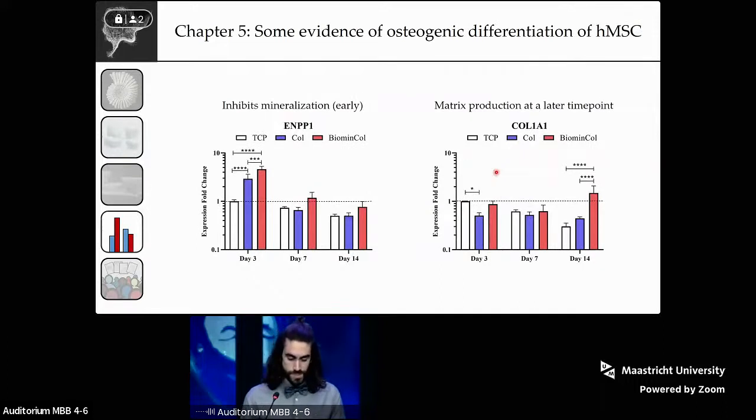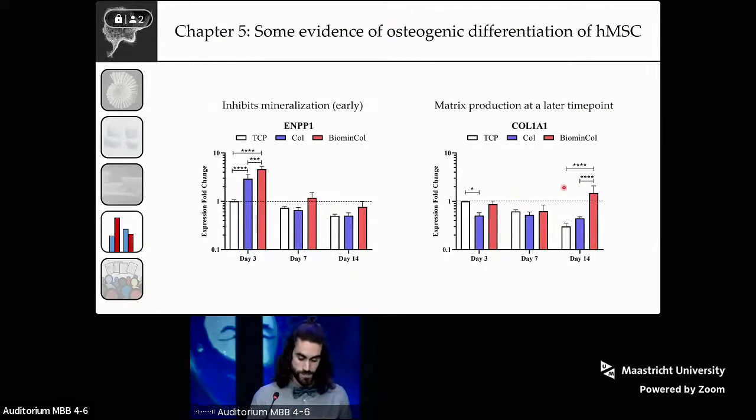Another 2 interesting results are from ENPP1, which inhibits mineralization, and we found it expressed early on, which then fell down by 14 days. And we had collagen 1. If you recall, collagen was the main component of the organic fraction of bone, and we found it more highly expressed at day 14.